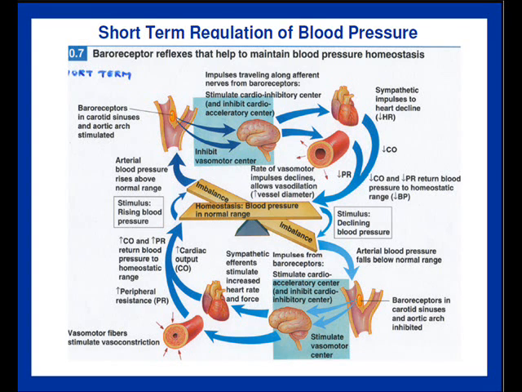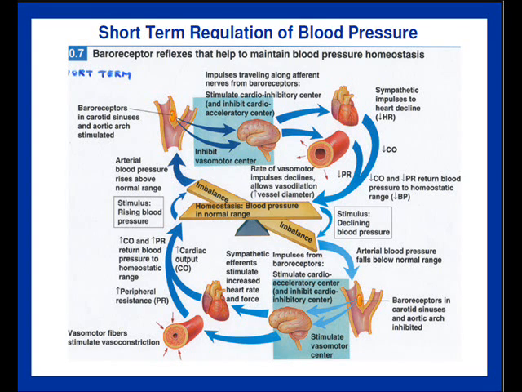They will send signals, afferent signals, right, into the brain stem. And they either stimulate what we call the cardiorespiratory center or inhibit the vasomotor center. In essence, what's going to happen is the sympathetic impulses to the heart decline. Well, obviously that's going to be a decrease in heart rate, right? Really, the sympathetic nerve fiber is going to the SA and AV node. Okay?